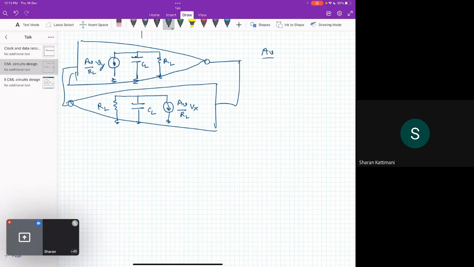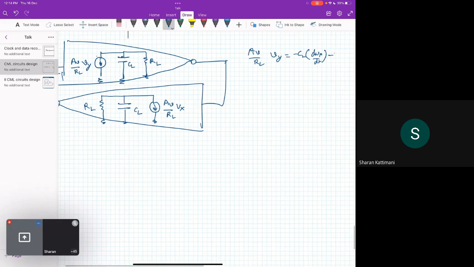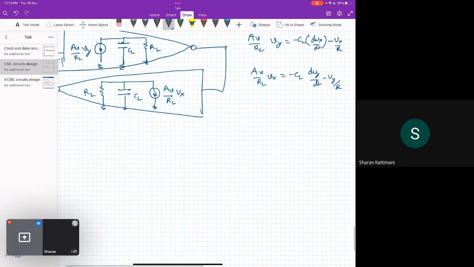So now if we write the equation for the same thing, it will be, okay. So this will be at this node, and at this node you can find, so if this is Vx and this is Vy, so this will be the equation.